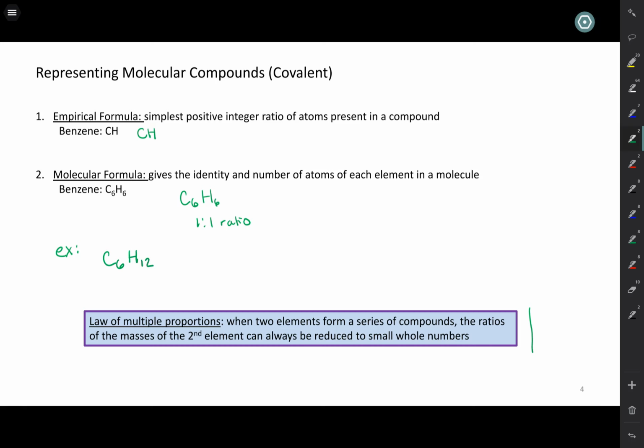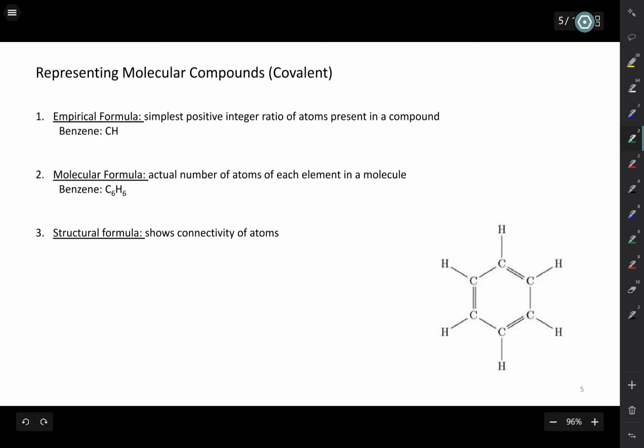So then our empirical formula would then be CH2.